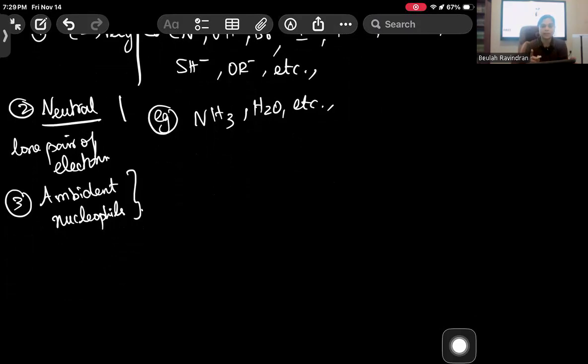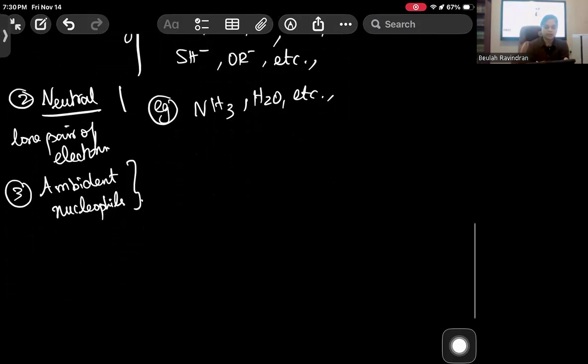Nucleophiles which have two attacking sites, that is one negatively charged and one neutral site, are known as ambident nucleophiles.